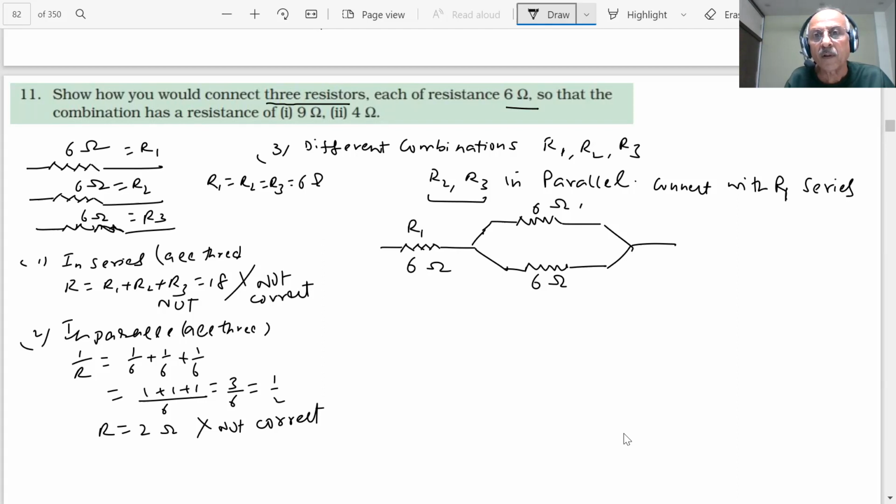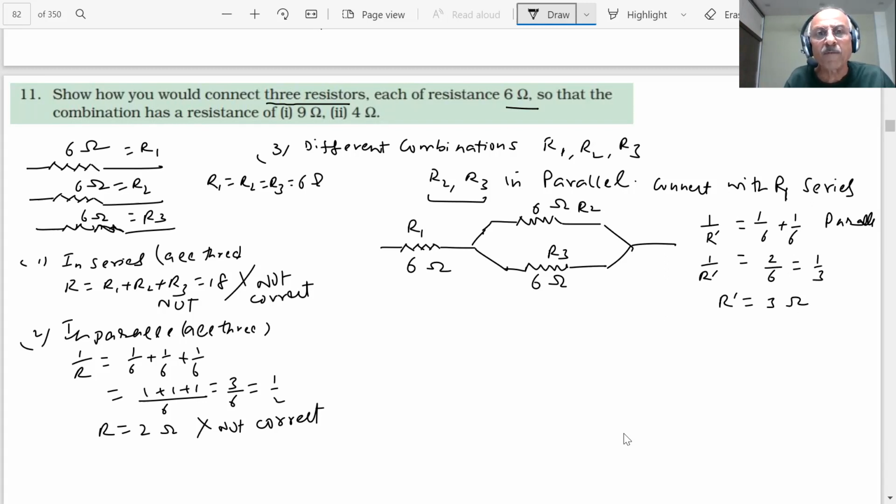R1, R2, R3. So what will it be if I take this? These are in parallel, students. What will be the R dash? 1 by 6 plus 1 by 6 in parallel. How much is it coming? 2 by 6, 1 by 3, or R dash is 3 ohm.